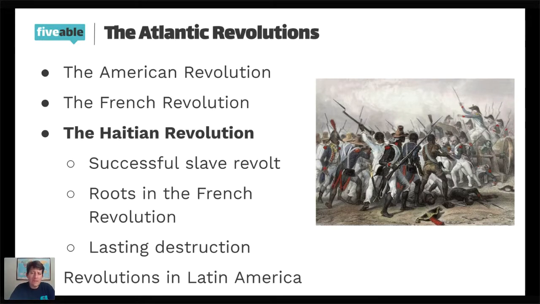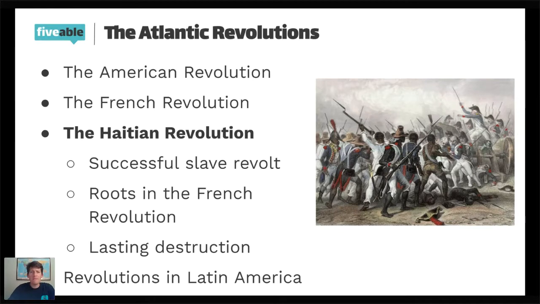And what's so significant about this Haitian Revolution is not only was it a political success, it completely upended the social system. This radical change as slaves themselves rise up and gain independence is an example of a successful slave revolt, which were very few and far between.